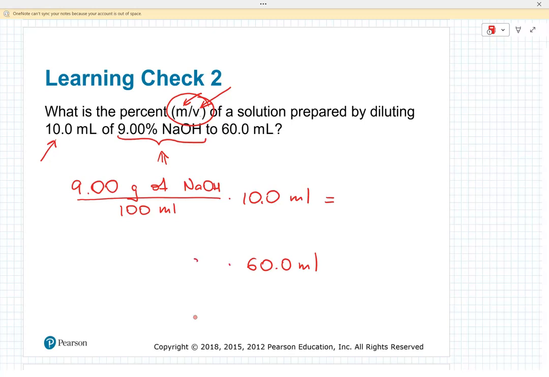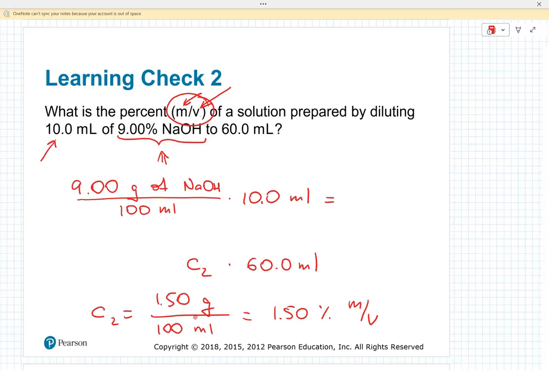So the question is, what is the concentration? And if you do all the math, the concentration will be 1.5 grams per 100 ml. Which amounts to 1.5% mass over volume. Does that make sense to everybody here?